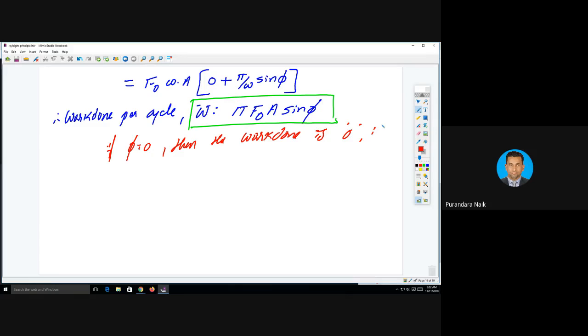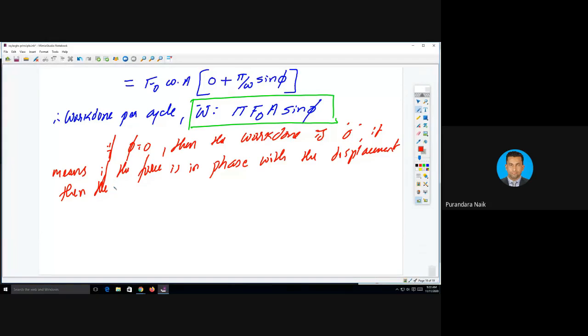It means if the force is in phase, meaning phase angle is 0, with the displacement, then there is no work done per cycle.